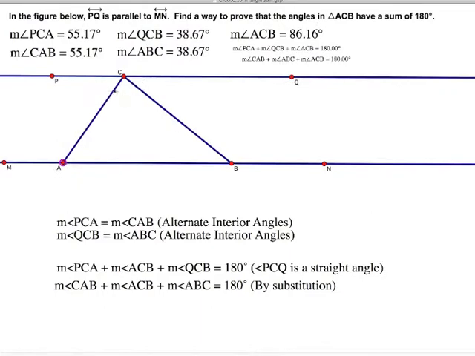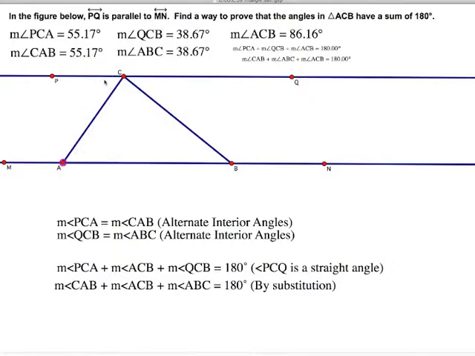Now, I know something about these two angles outside of the triangle, and I can connect them to these other angles that are in the triangle, because ultimately we want to show that the three angles inside the triangle equal 180 degrees. I know that PCA and CAB are alternate interior angles.